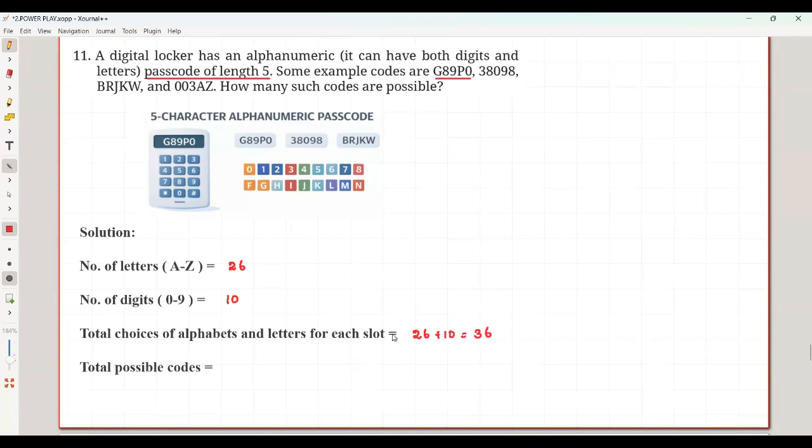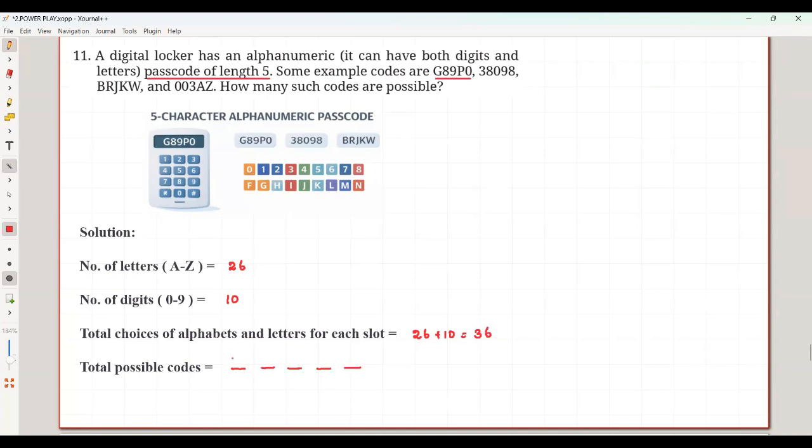Now, the total possible codes. For how many slots do we have to find this? 5 slots: first slot, second, third, fourth, fifth. Each slot has 36 possibilities.